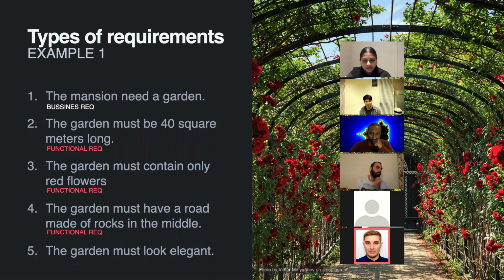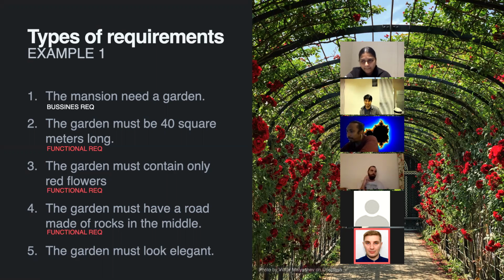Correct. The problem with elegant is it cannot be functional, because imagine that we're coding. Imagine that we're an architect and the client says you need to build a garden in an elegant way. Your definition of elegant is different than mine. Maybe for you, the red roses in the picture are super elegant, but maybe I am a robot, and for me, instead of being romantic or elegant, it's tacky.